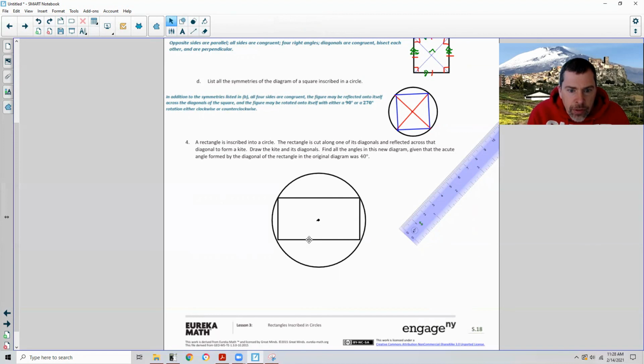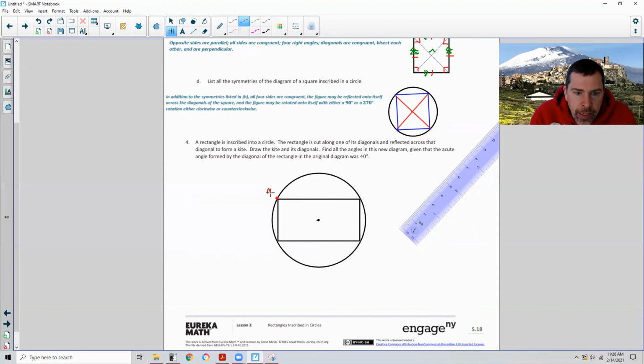Okay, like so, and then just shift it down just a little bit. There we have it. So let me mark the points here. A. Let this be B. Here is C. Here is D. A rectangle is inscribed into a circle. Check.